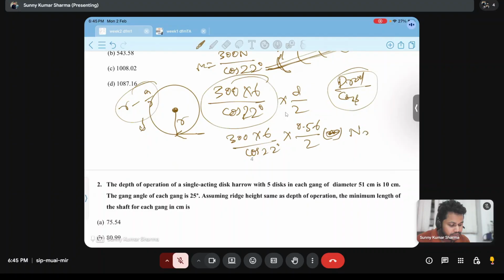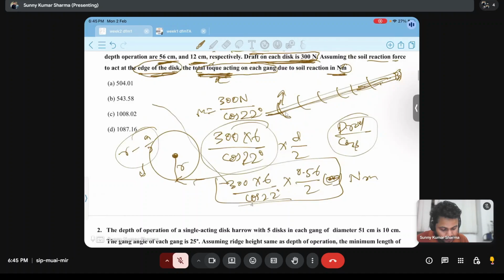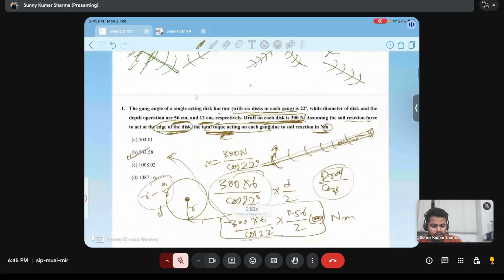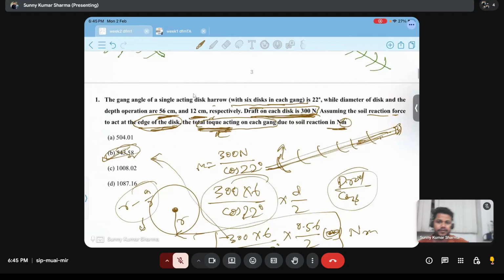This will be in Newton meter. Calculate this value. We will get one of these four options. It's 543.58. Okay, that is correct. For the first question, the answer is B.